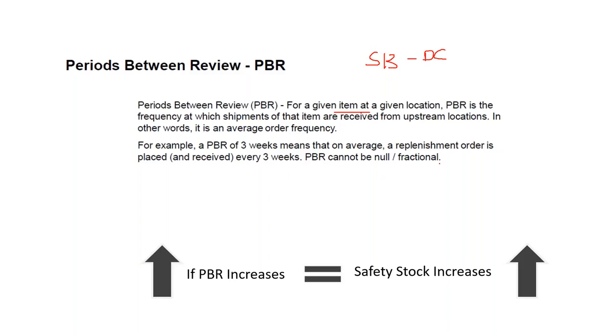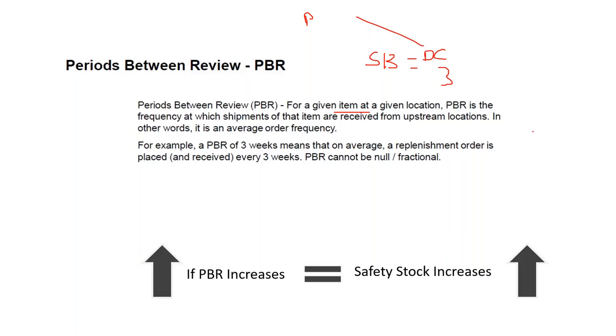PBR cannot be null or fractional. So at DC, if you say it has 3 weeks for finished good S13, it is coming from plants, and it takes 3 weeks for the stock to reach the DC.